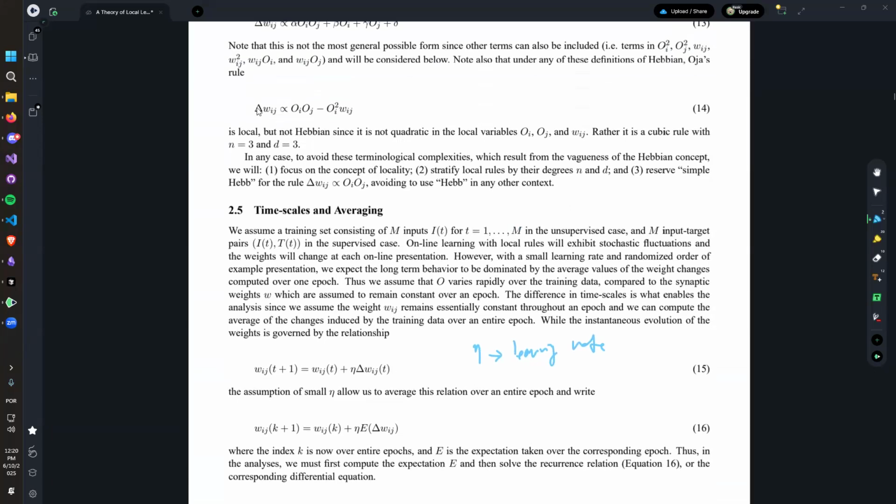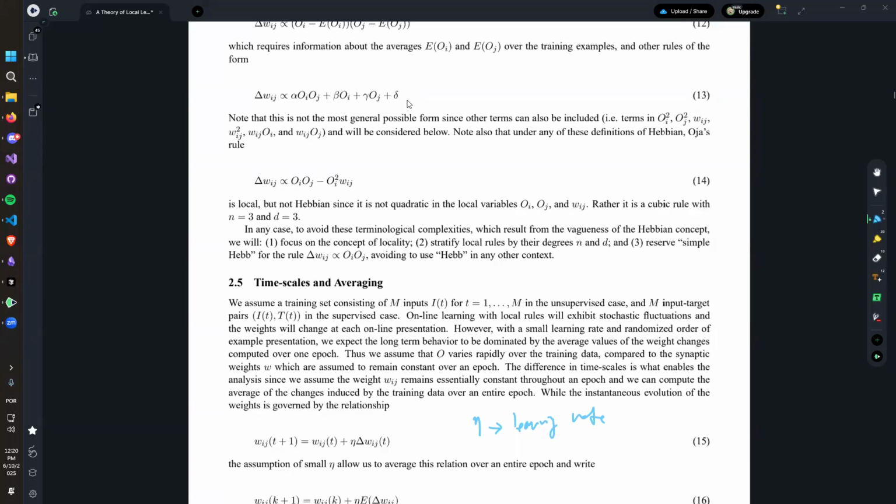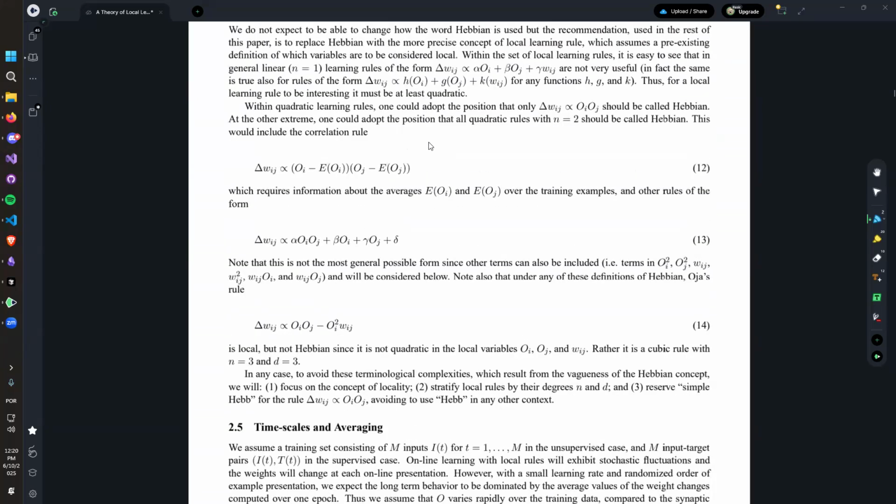So it's saying that it's proportional to this, or something else. But is this how you define your learning, or how you model your learning? That's what I'm not quite understanding. Maybe 12 will answer that question. Well, no. 12, 13, 14 are just proposed models for what your local loss function would look like.